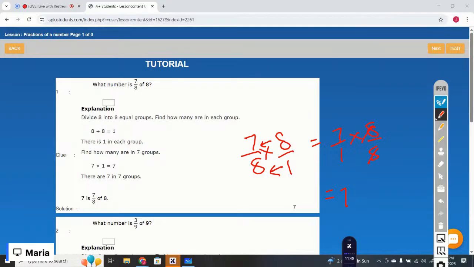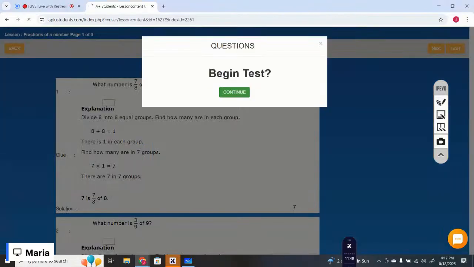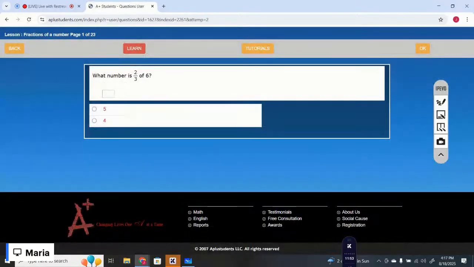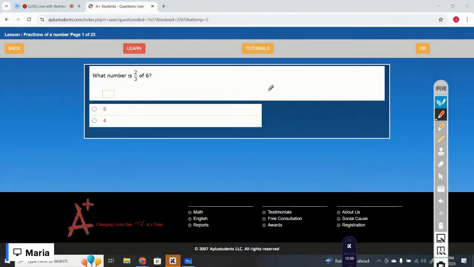Let's just start with the test questions. What number is 2/3 of 6? So 2/3 of 6, that is 2 by 3 times 6, right?